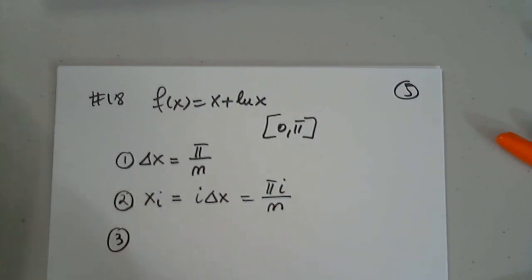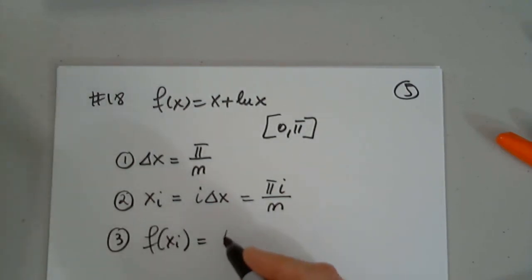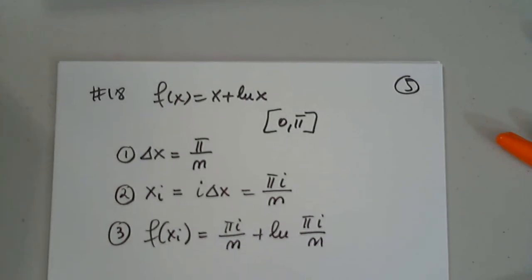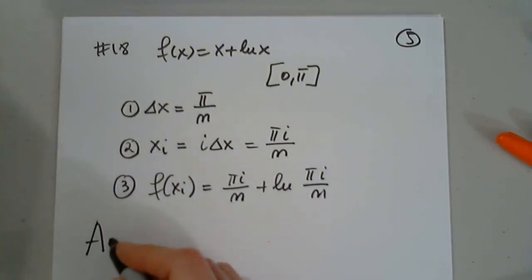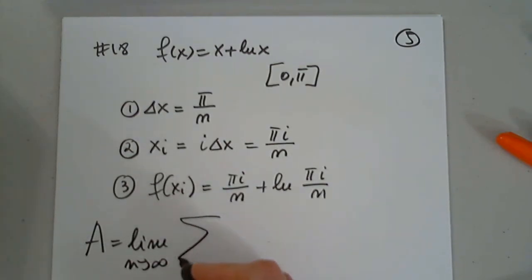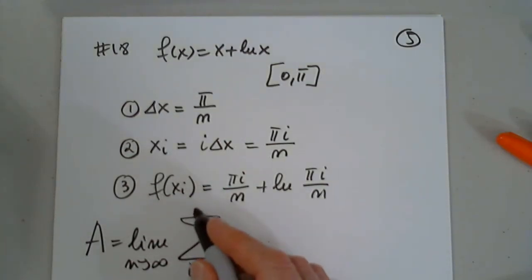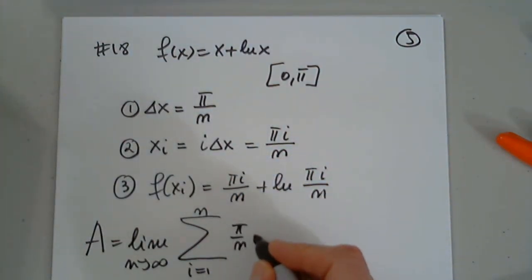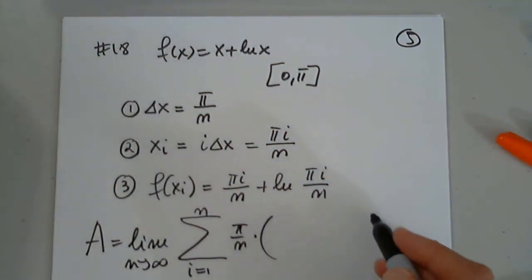And prep number 3 is f of xi, which is pi i over n plus natural log pi i over n. So finally the area equals the limit as n approaches infinity from the sum from i equals 1 through n, from delta x, pi over n, multiplied by all this.